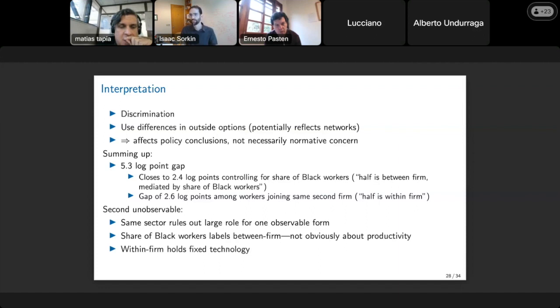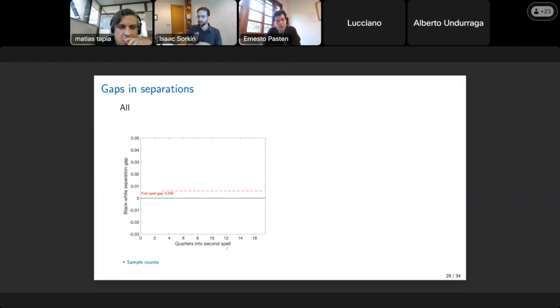So why I do think that these gaps should be thought of as being between equally productive workers. I started the paper by saying we care about gaps in earnings and employment. I've spent less time talking about employment so far, but this is where I'm going to tell you about separation gaps. This shows the separation gap in the first spell, which is 0.6 percentage points per quarter, with Black workers more likely to separate.